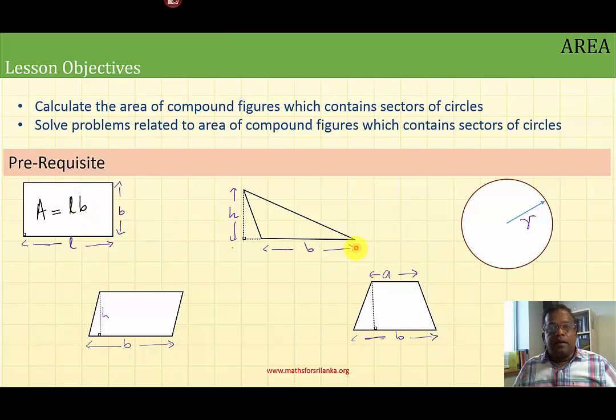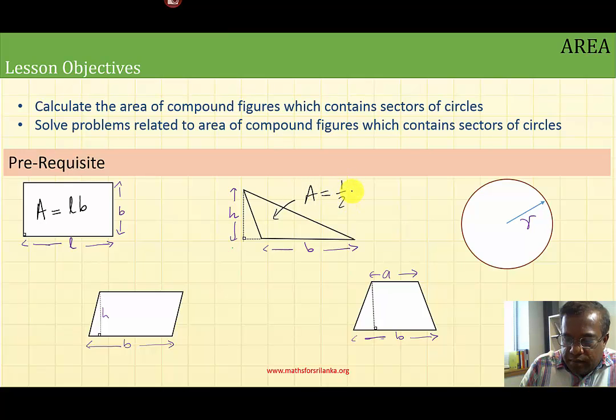Area of a triangle of base B and altitude h is 1/2 base times the height.